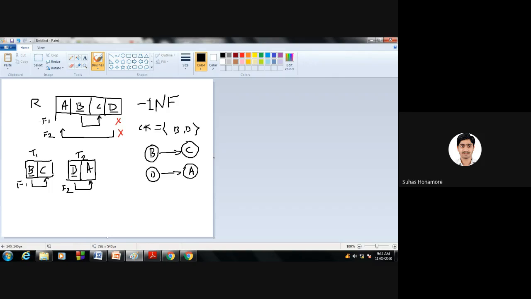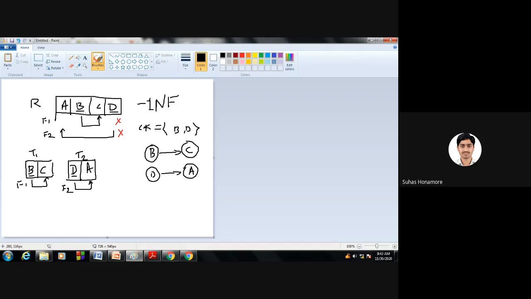If I decompose R into T1 to Tn and these attributes are not together in one table, there may be chances of getting spurious tuples. Whenever we perform the join operation, there may be spurious tuples because B is independent of D here. Both are not dependent on each other because T1 and T2 are different tables.